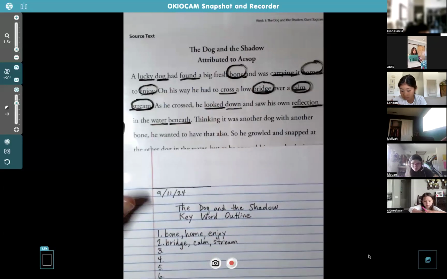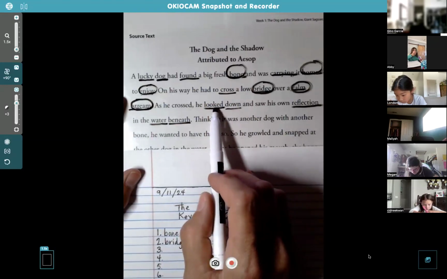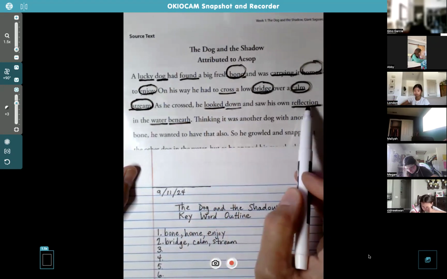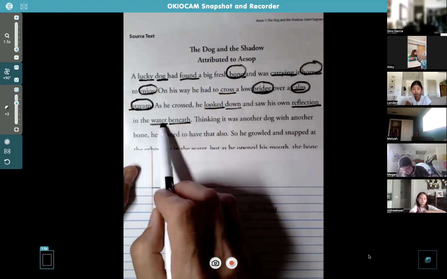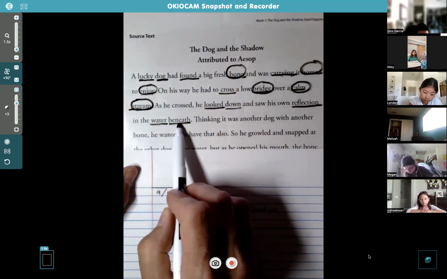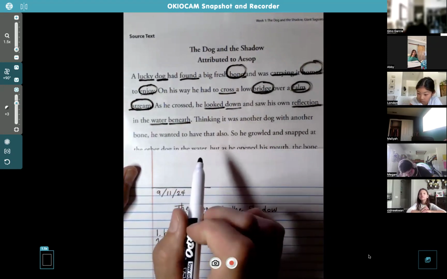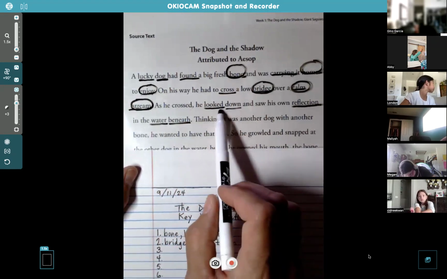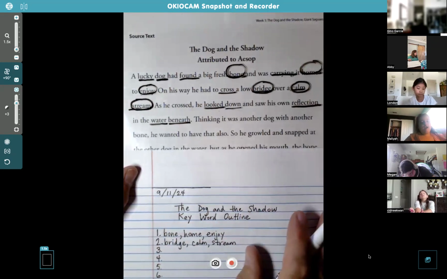Okay, so on that sentence, underline looked, down, reflection, water, beneath. I'm just picking out the main words or the key words in that sentence. But I underlined 1, 2, 3, 4, 5. That's too many.